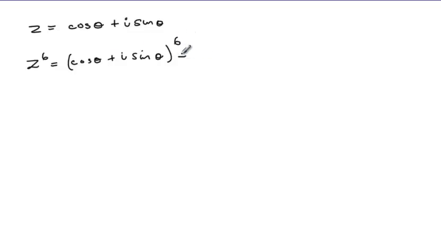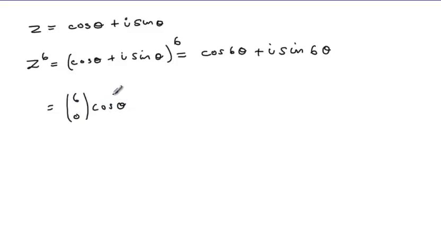But with De Moivre's theorem, we know that this will reduce to cosine 6 theta plus I sine 6 theta. But binomial says this is 6 choose 0 cosine theta power 6 plus what?